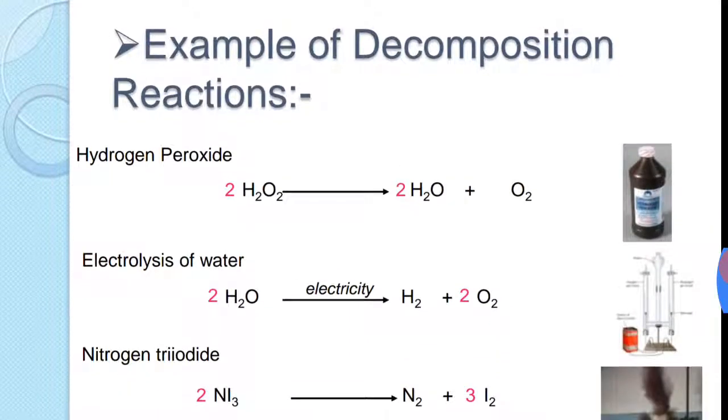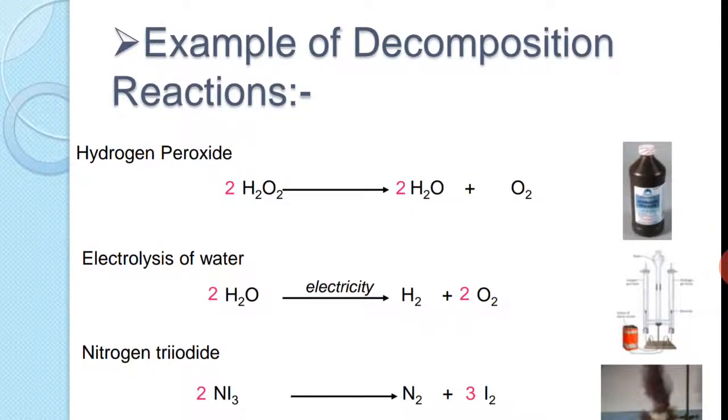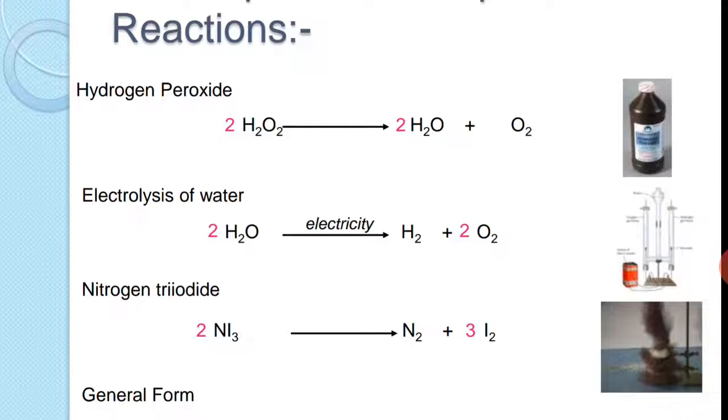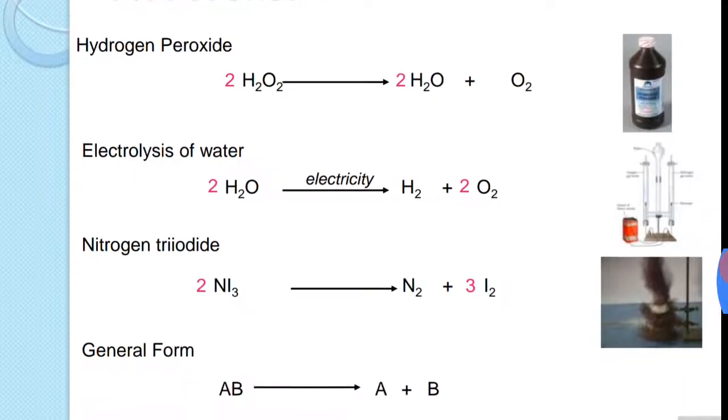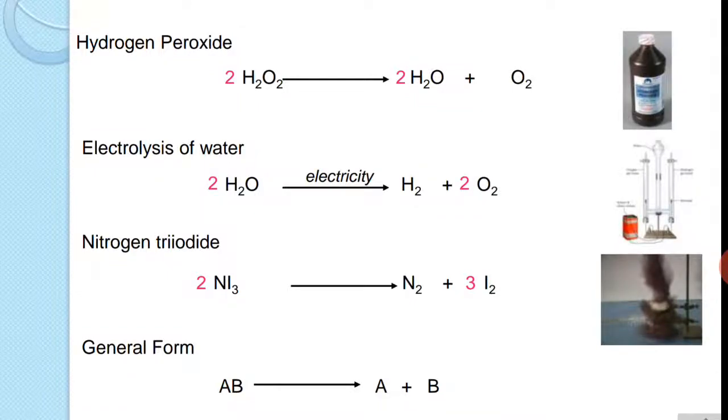Examples of decomposition: hydrogen peroxide, electrolysis of water and nitrogen triiodide. General form is AB gives A plus B. Here you will see that hydrogen peroxide is decomposed using electricity.